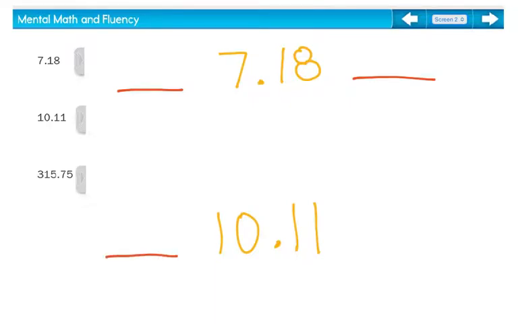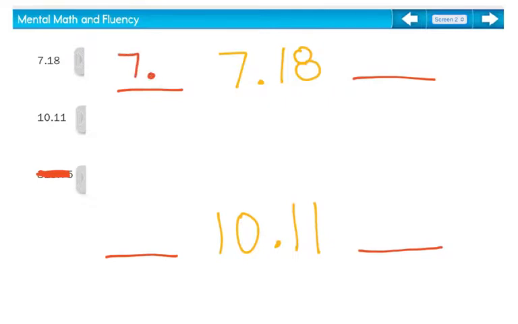Same thing with 10 11/100: a decimal that starts with 10 that is less than 10 11/100, and a decimal that begins with 10 that is greater than 10 11/100. Pause your video.